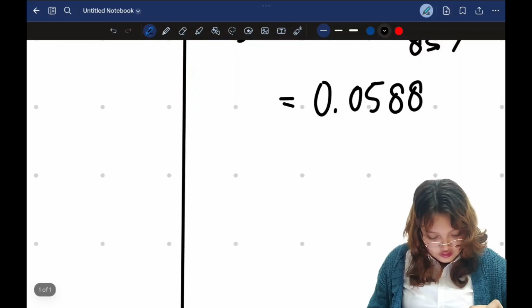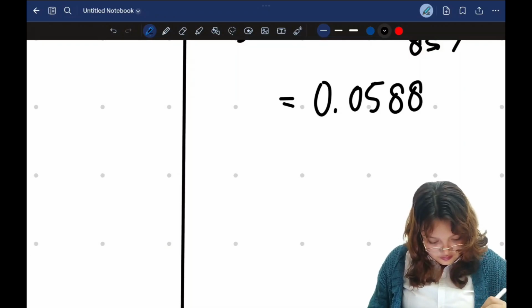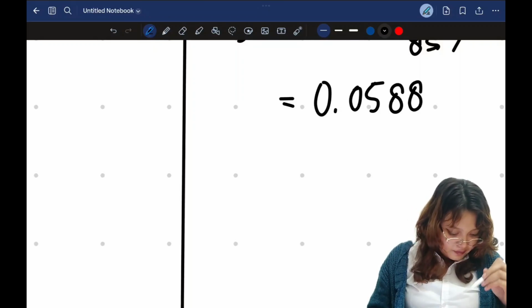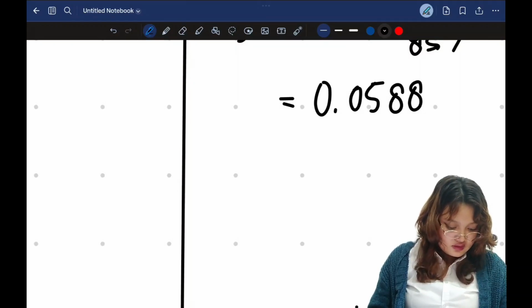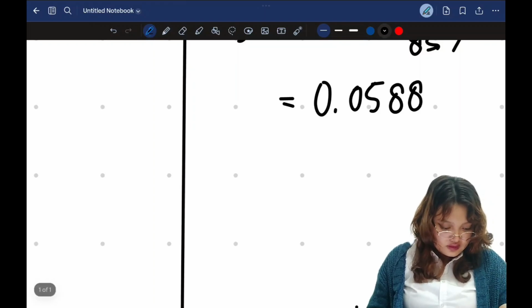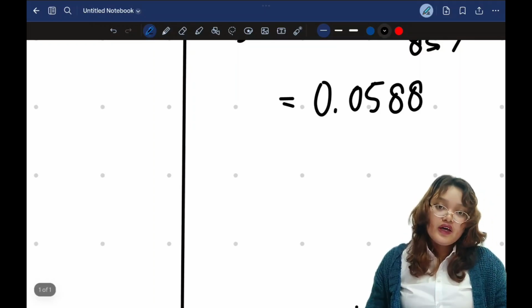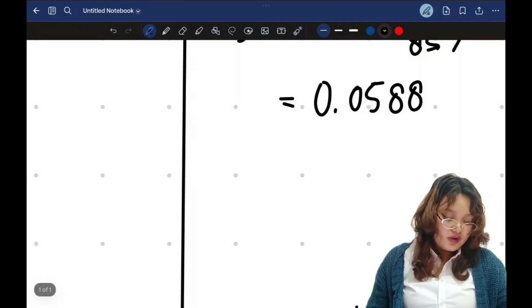So the result is approximately 0.0588. The explanation is that X and Y are still substitutes, but the effect is very small.